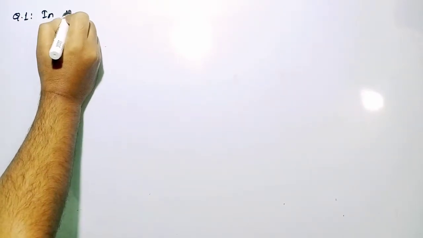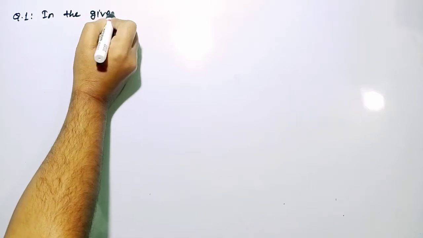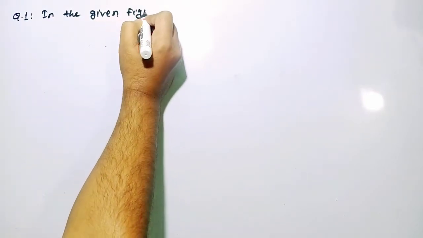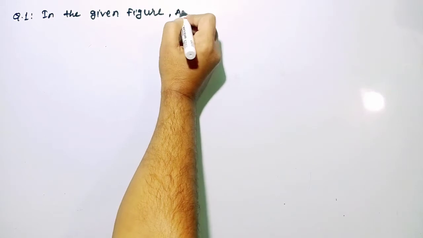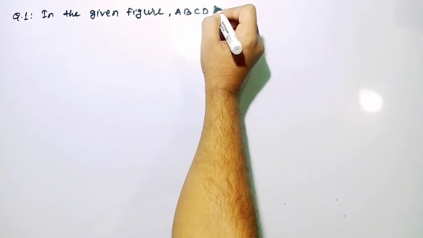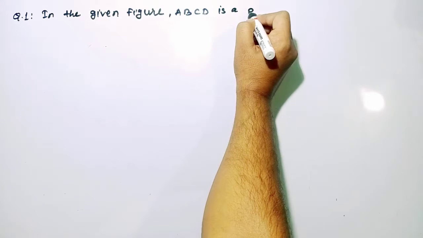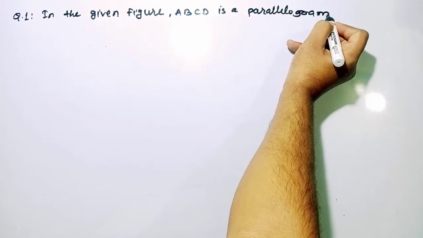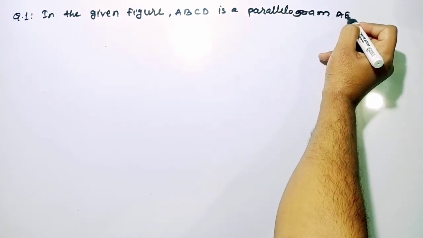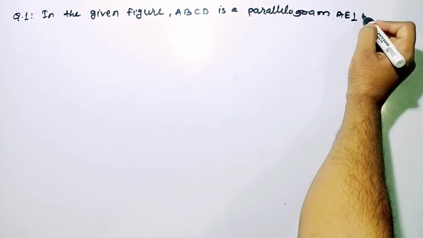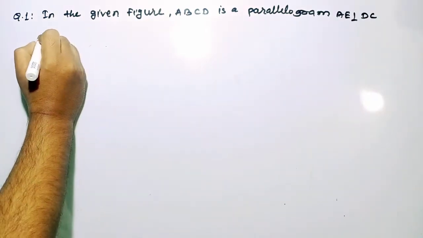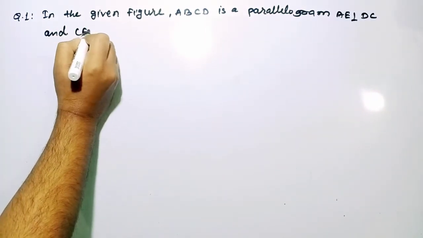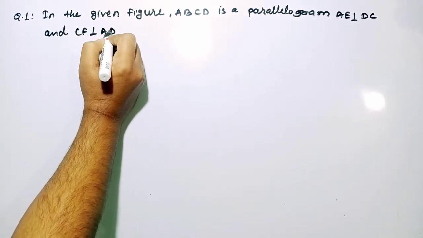Suppose in the given figure ABCD is a parallelogram. AE is perpendicular on DC, and CF is perpendicular on AD.